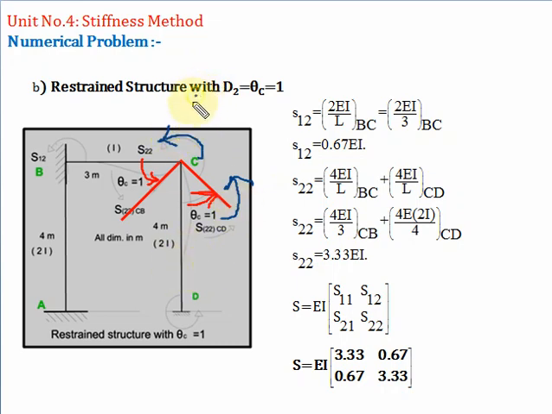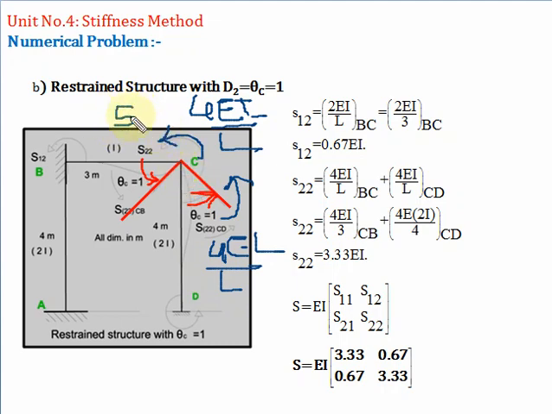So what is the value? 4 EI upon L, and here also the value will be 4 EI upon L. Now what number will be given here?